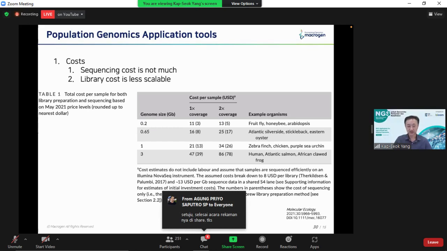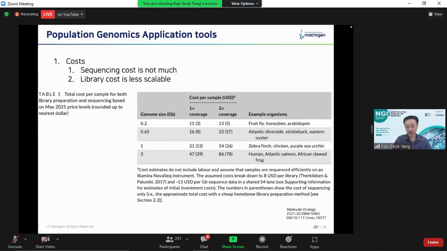So it's much less sequencing. But the library cost is less scalable. There are many different companies working on this. I won't mention those companies, but they have paved the way to low-pass genome sequencing. So the per sample cost is not very much.